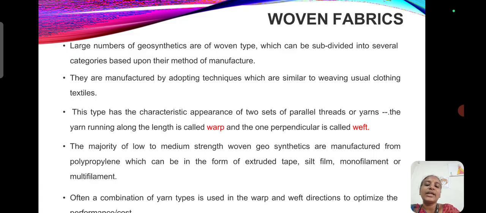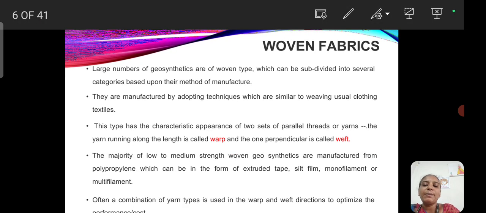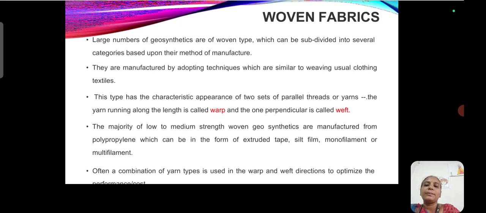Initially we get a liquid form, and when it is protruded through the pipeline, it gets a monofilament form. That is your extruded tape. Often a combination of yarns is used in the warp and weft directions to optimize the performance of the fabric.